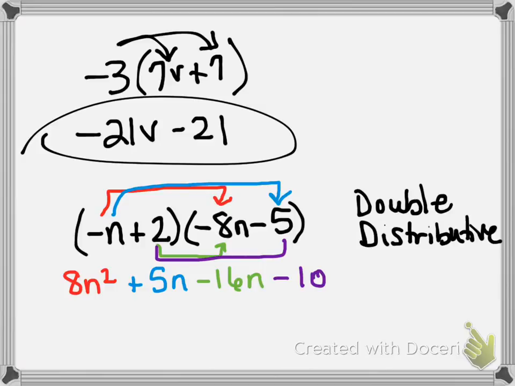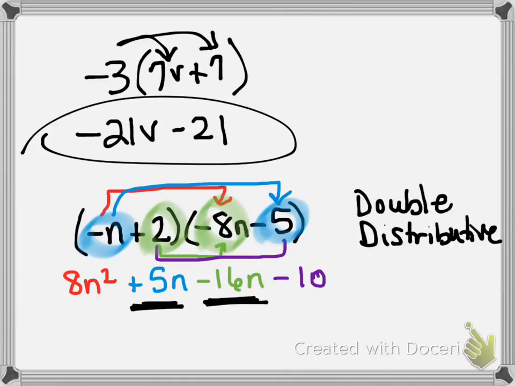But usually what happens when we multiply these binomials is the two middle terms. And notice the two middle terms here came from this pair of outside terms being multiplied together and the pair of inside terms being multiplied together.